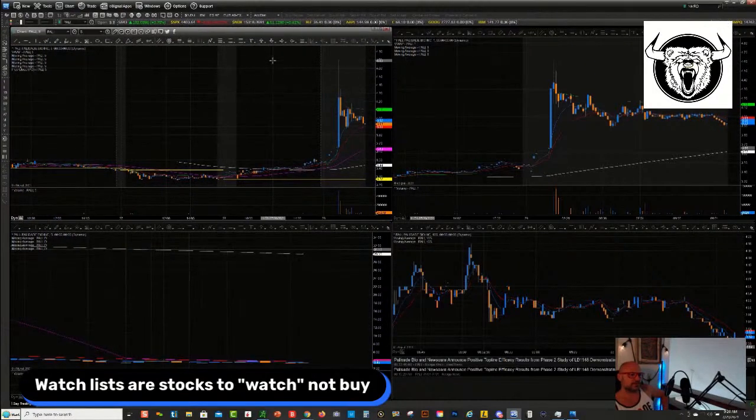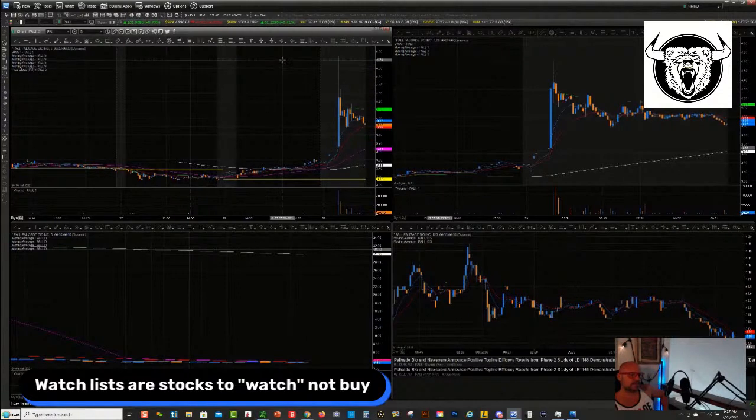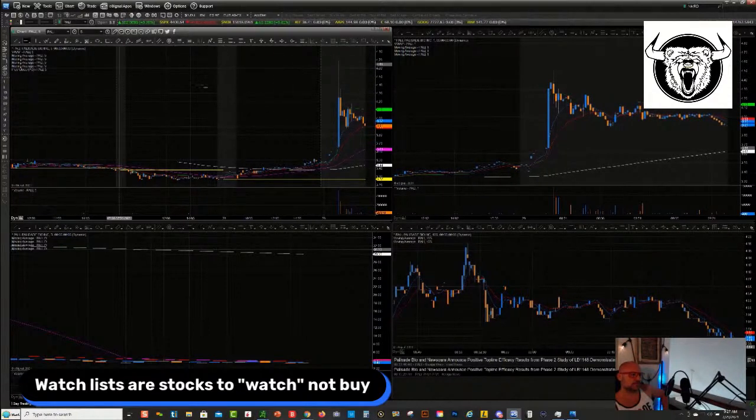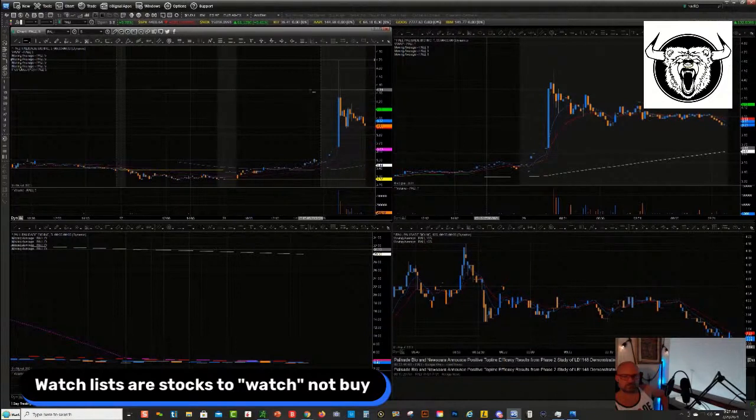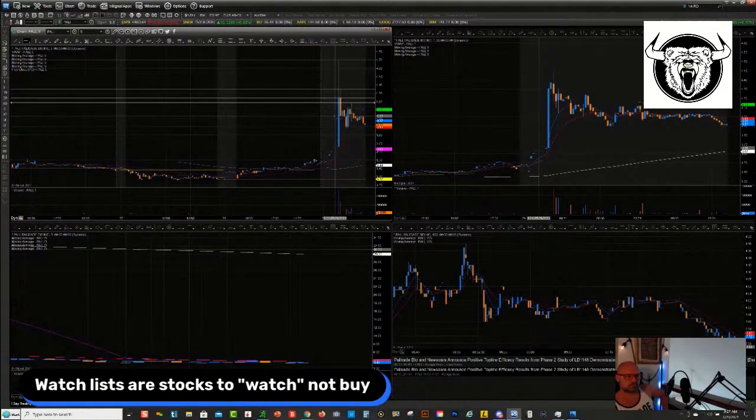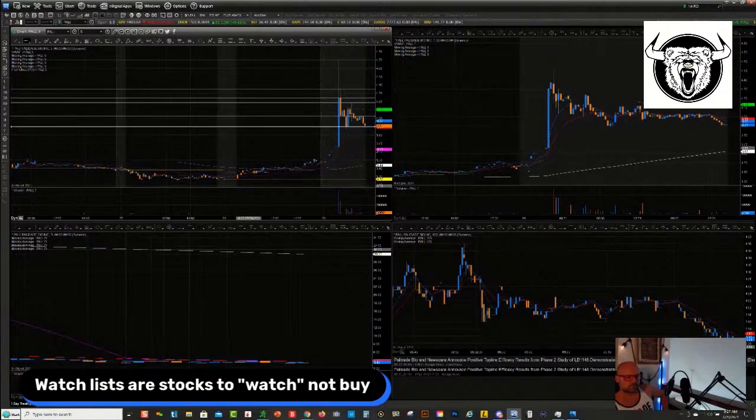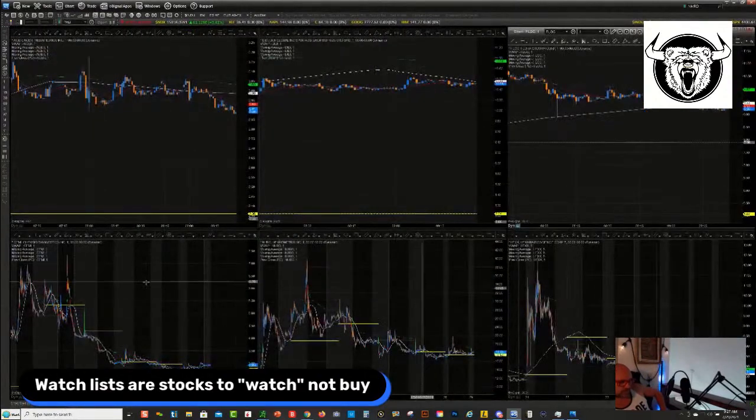So this one could be interesting right here, 4.70. We've got those zones right here. That's for PALI, whatever you want to call it.